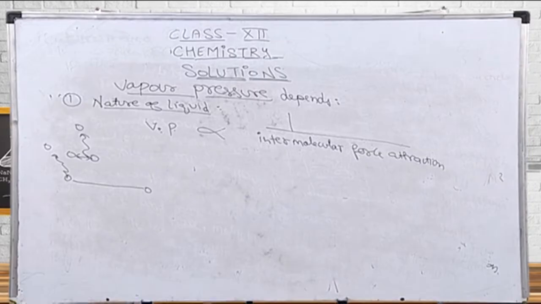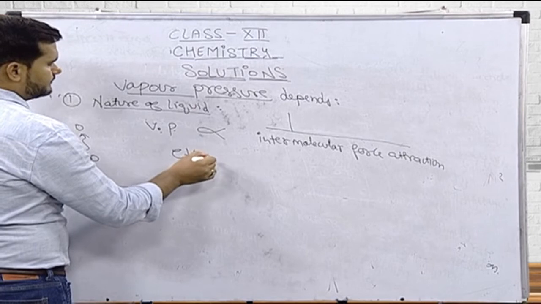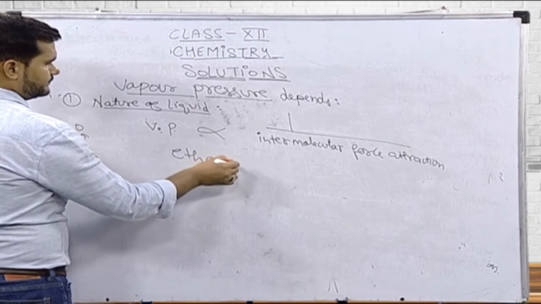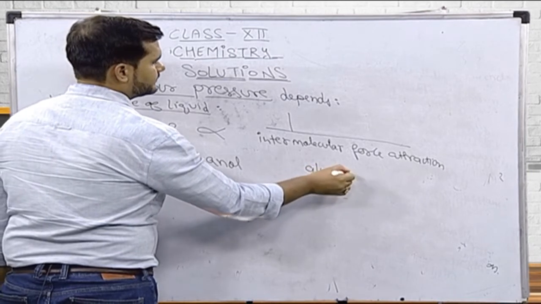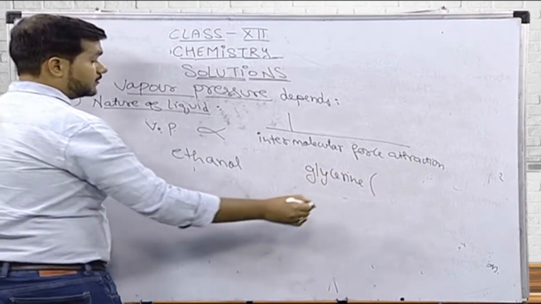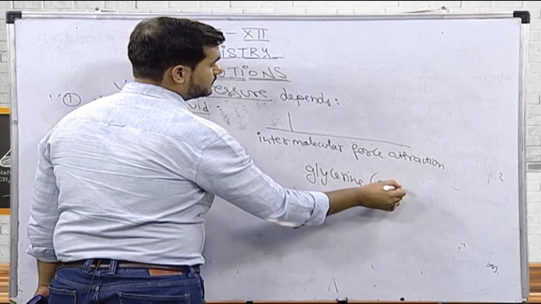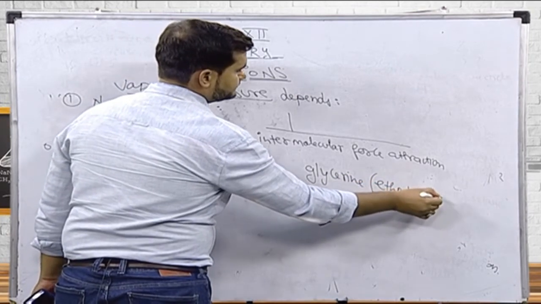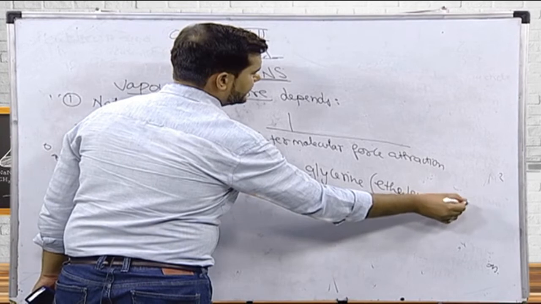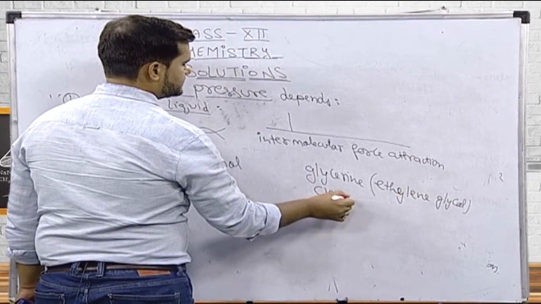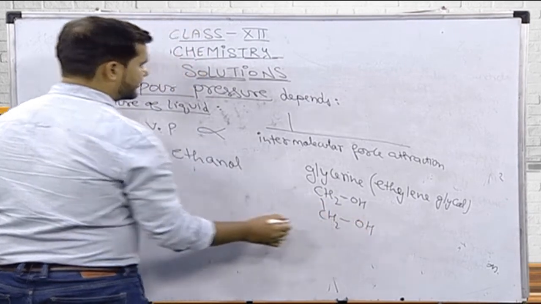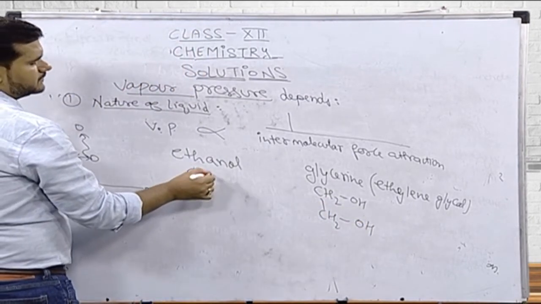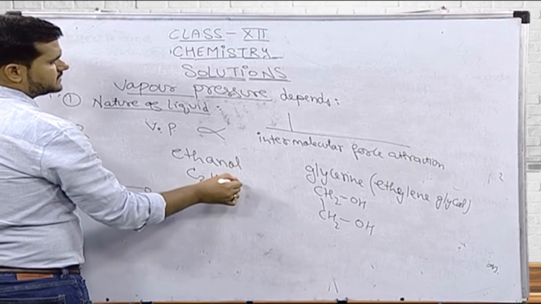Clear? Like if I talk about ethanol and glycerine, glycerine or glycerol or ethylene glycol, they are all the same. What is ethylene glycol? CH2OH, CH2OH. This contains two hydroxyl groups, so two hydrogen bonds. Ethanol is C2H5OH, with a single hydrogen bond.